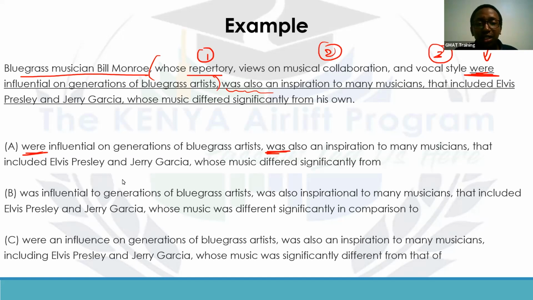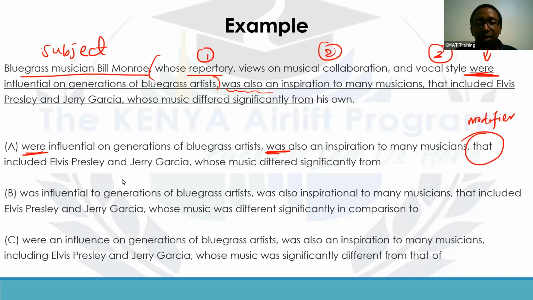So now this is referring back to our main subject here. Was also an inspiration to many musicians that included Elvis Presley and Jerry Garcia, whose music differed significantly from his own. So the problem with this comes now here, because we see this is kind of a modifier.